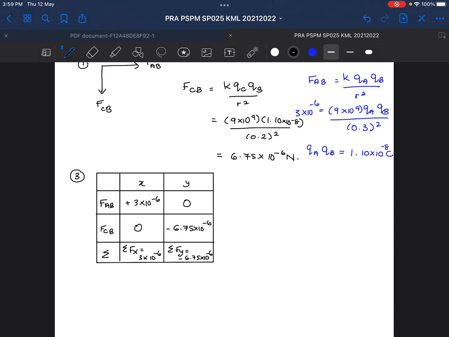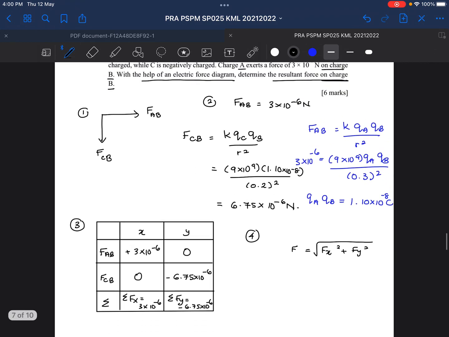Okay, so the fourth step is to use theorem Pythagoras, iaitu F equals to square root of Fx square plus Fy square. Okay, so ibaratnya macam you ada nilai, katalah nilai 3 contoh kan. Lepas tu nilai 4. So nak find total dia kat sini adalah kamu akan buat step ni kan, theorem Pythagoras. So you dapat 5 kan. Sama jugalah.